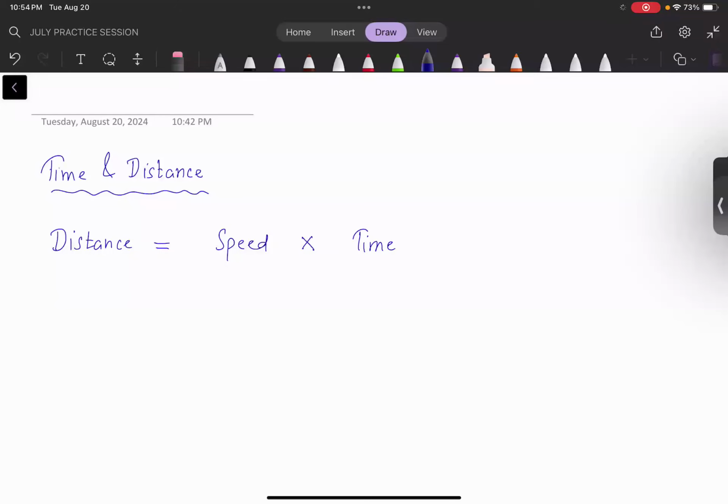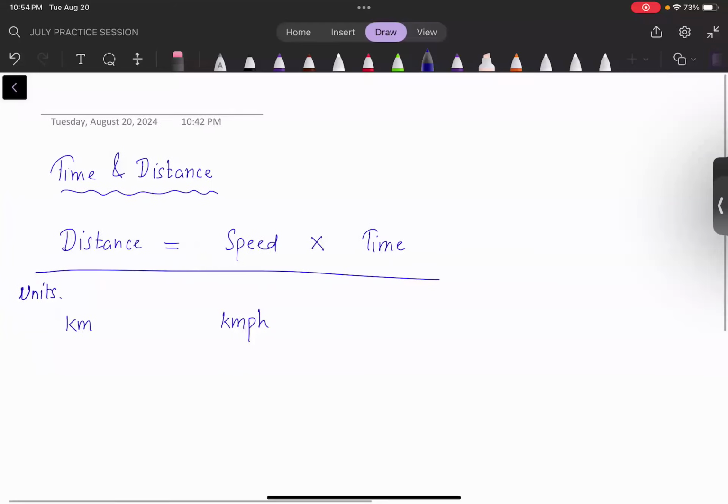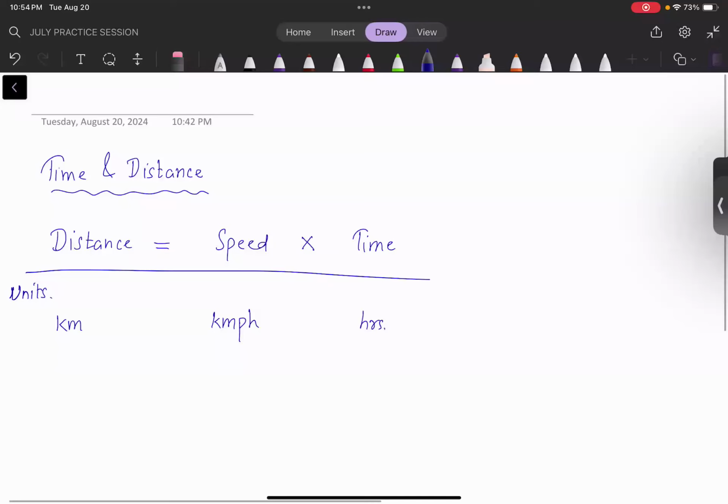When we apply a formula, the units are very important. If distance is in kilometers, speed should be in kilometers per hour, and time should be in hours.